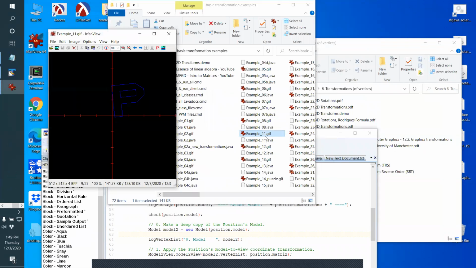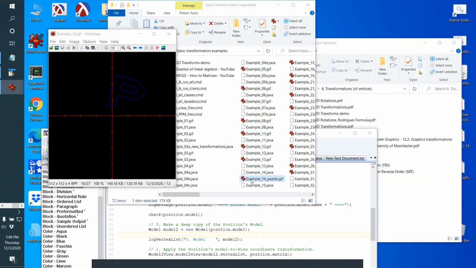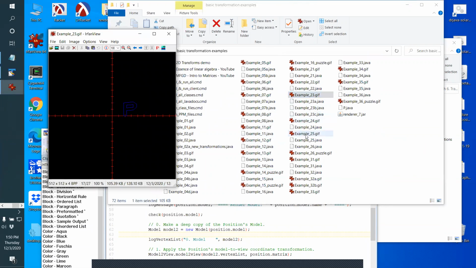Or how do you do that? Or that? These are all slightly different ways of moving something around. So how can I actually do these things? And that's what your last programming assignment is going to be, to do some simple cases of moving a model around using matrices.